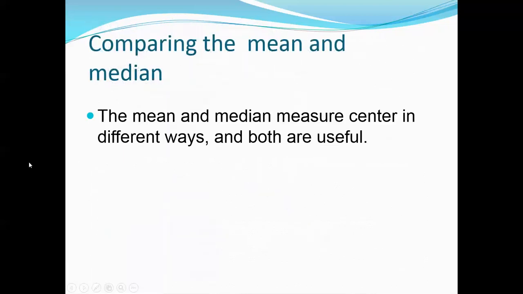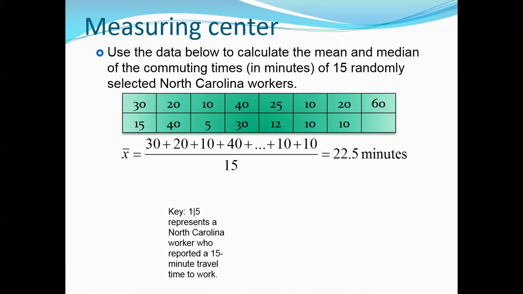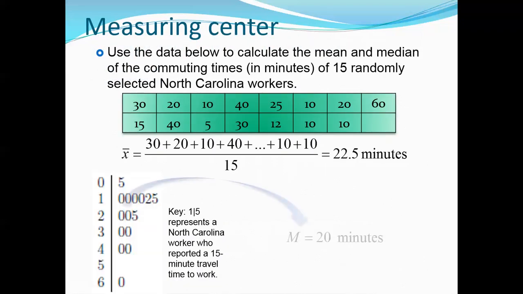Let me go back to the last slide. There at the bottom, they have given us a stem and leaf plot. If you remember these from the previous chapter, they've rearranged all the data.